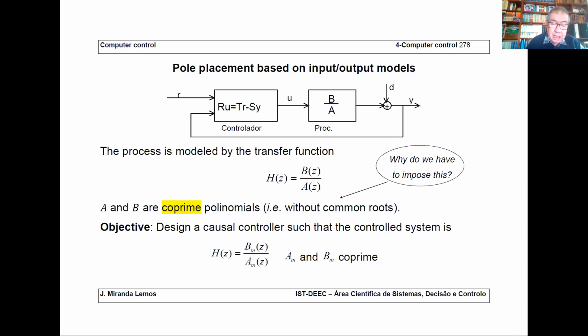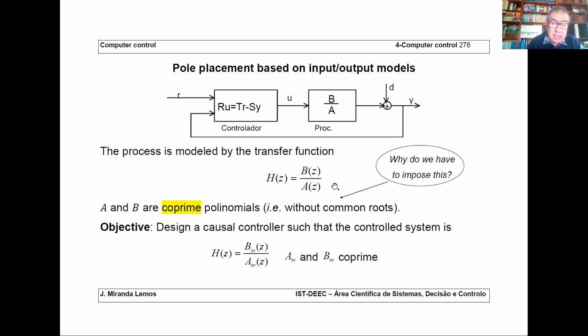Also, the observability condition is another condition that allows the design of the observer to have its gains with a unique solution, or to have a solution at all. Actually, you can show that if the system is both controllable and observable, those matrices have rank n.